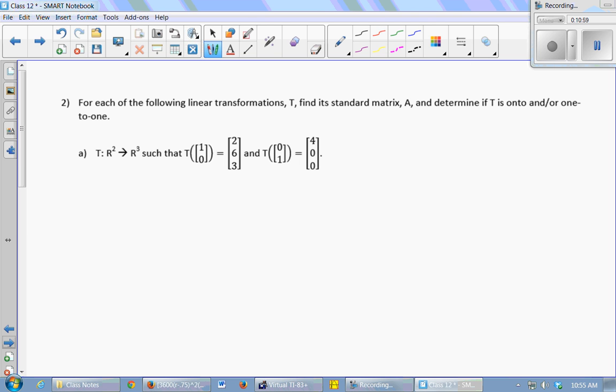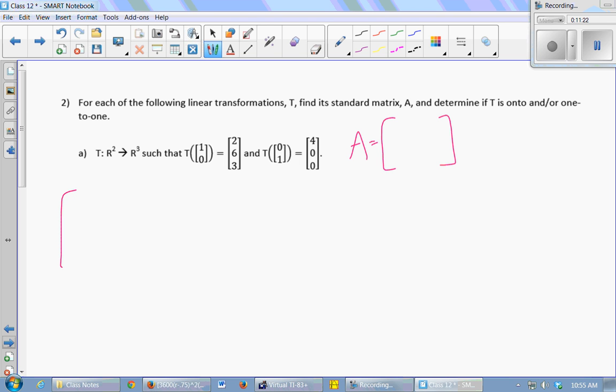So I just have to figure out what the matrix is that defines T, right? So A is called the standard matrix, right? And I have to figure out what goes in here so that when I multiply by 1, 0, I get 2, 6, 3. And when I multiply by 0, 1, I get 4, 0, 0.